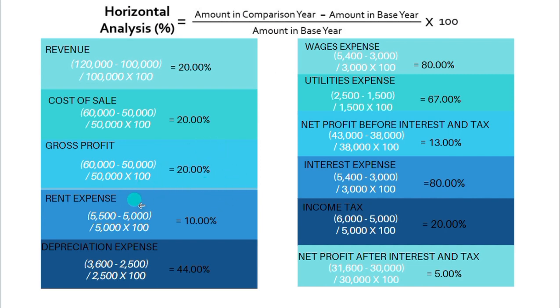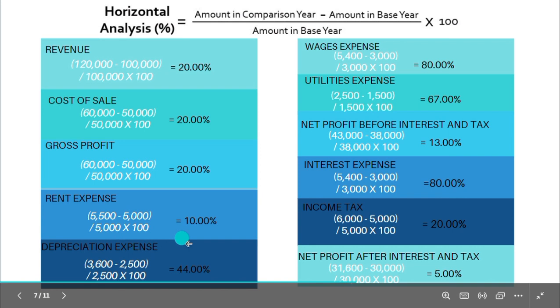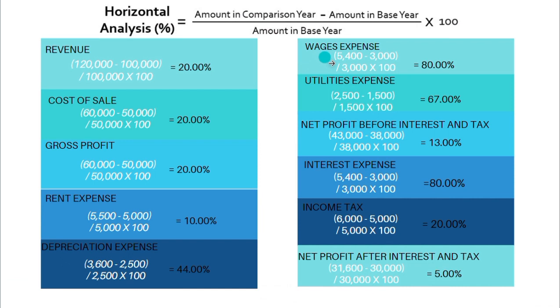Sa rent expense, 5,500 minus 5,000 divided by 5,000 times 100 is equals to 10%. Sa depreciation expense, 3,600 minus 2,500 divided by 2,500 times 100 is equals to 44%. Sa wages expense, 5,400 minus 3,000 divided by 3,000 times 100 is 80%.